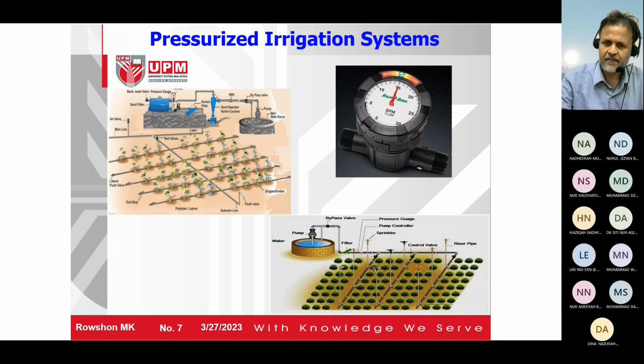Similarly, the pump uses fuel, gas, other things or electricity, and creates the power or energy. So this is the power, or we can say energy. The energy is very high here, but at this point in the field the energy is very low. But this one has a connection, you can see the pipe.